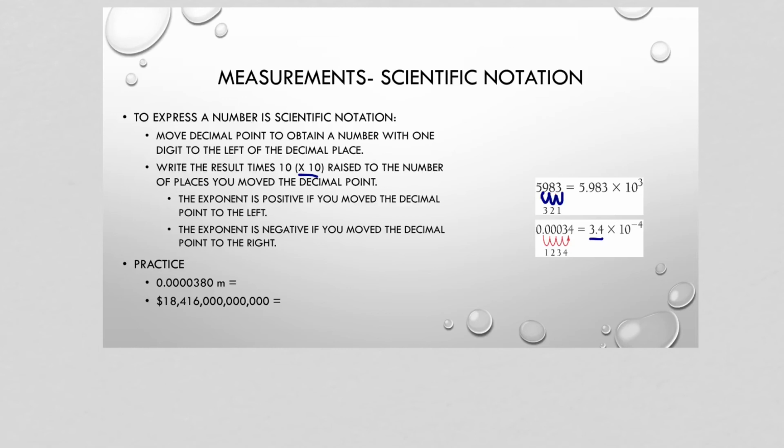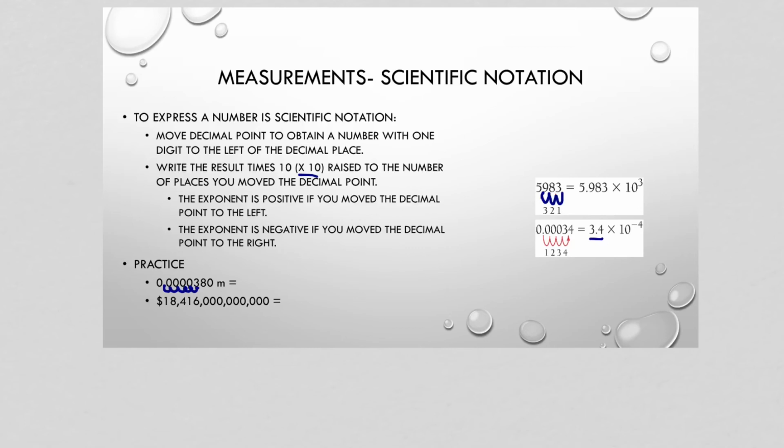So let's do a couple quick practice problems. If we have the number 0.0000380 meters, in order to get one number to the left of the decimal place, we have to move the decimal place 1, 2, 3, 4, 5 spots.